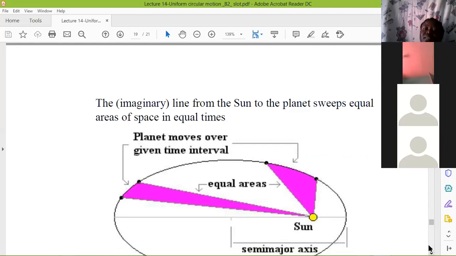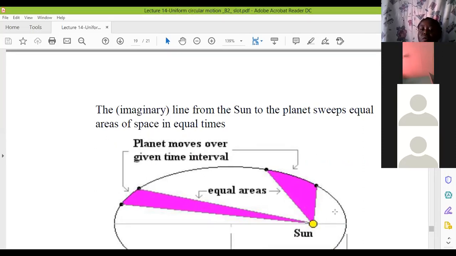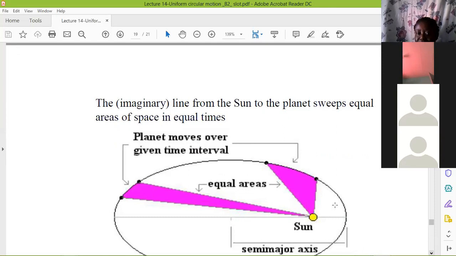So the second law says the line from the sun to the planet sweeps equal areas of space in equal times.